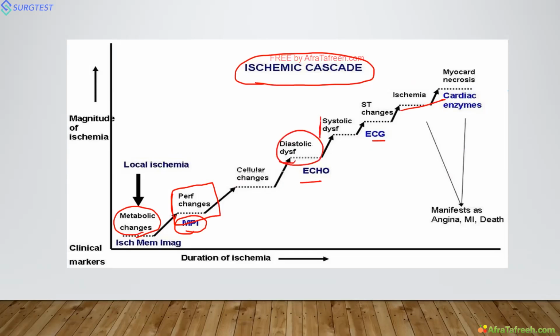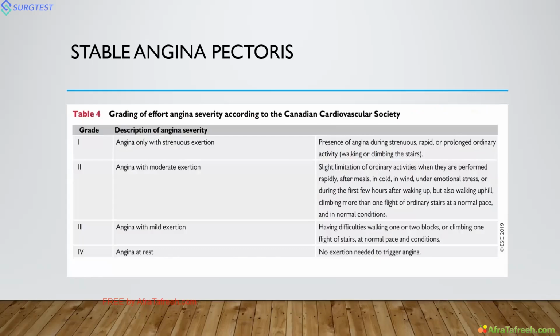The fourth is systolic dysfunction. Then finally ST changes. Before the patient develops ST changes, a myriad of changes would have happened, which can be detected by other tests like myocardial perfusion imaging and cardiac MRI to see for viability. When the patient comes with angina, they would be at the ST change stage. So this is the ischemic cascade.